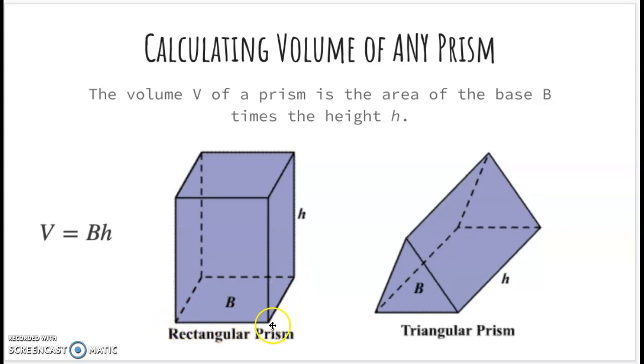I'm going to take the area of my base, length times width, and then multiply it by the height of my prism to figure out the total volume. I would do the exact same thing with this triangular prism, except instead of length times width, I would use the area formula for a triangle, 1/2 base times height, to find the area of the base, and then multiply that by the height of my prism.